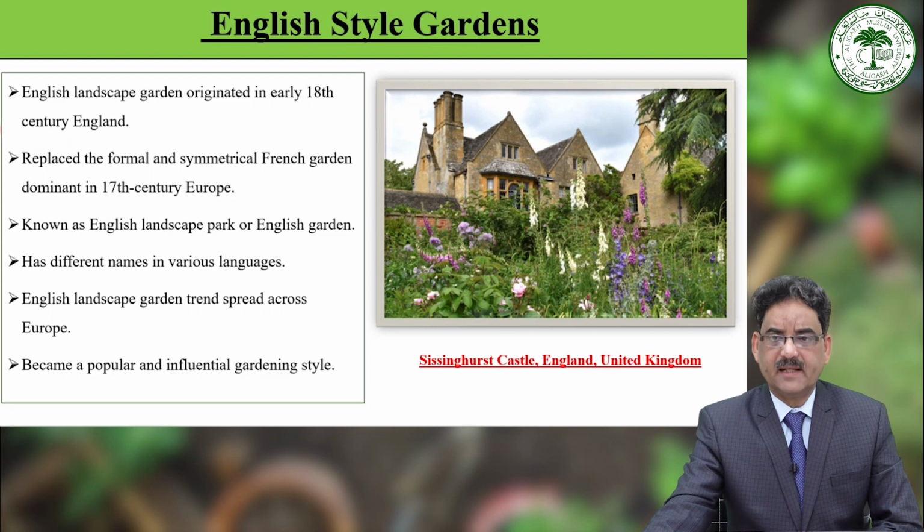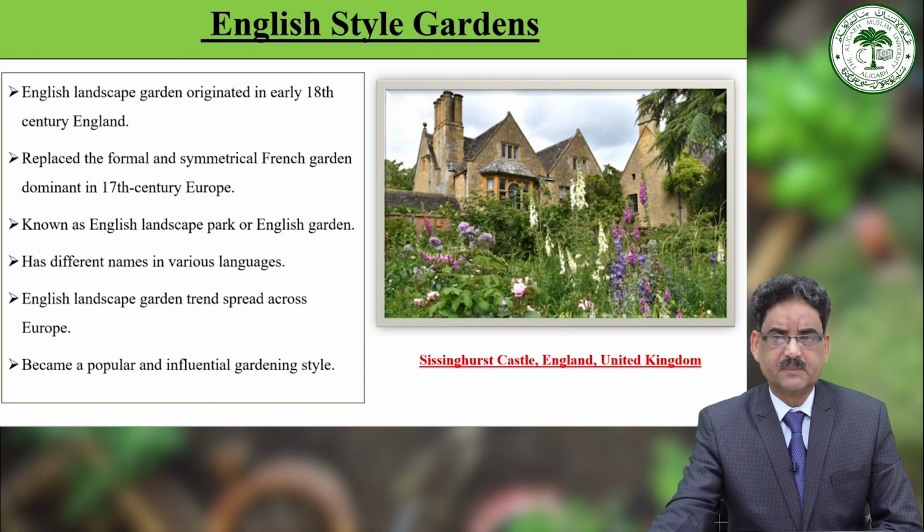It replaced the formal and symmetrical French formal garden, which was dominant in Europe during the 17th century. The English style garden trend spread across Europe, becoming a popular and influential garden style.